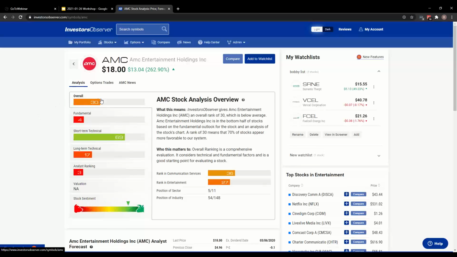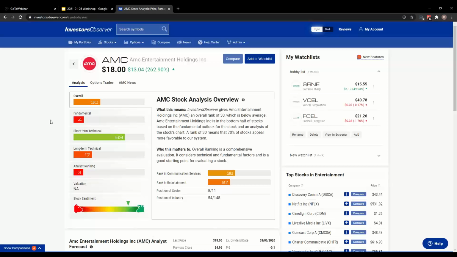The overall rating is really just a combination of our fundamental score and then the short-term and long-term technical scores. It's designed to be a good starting point. All of our scores here are, with the exception of the sentiment score, percentile ranks. So AMC gets a rank that's better than 30% of stocks.